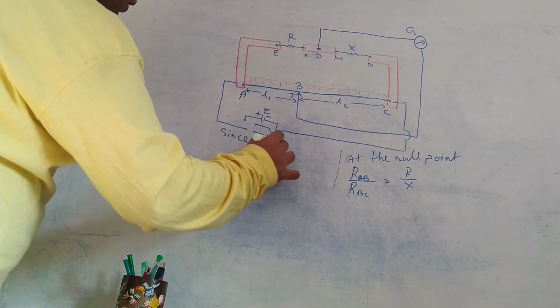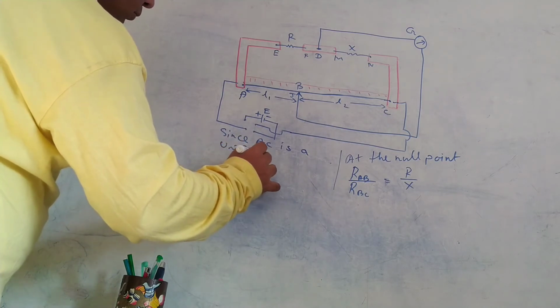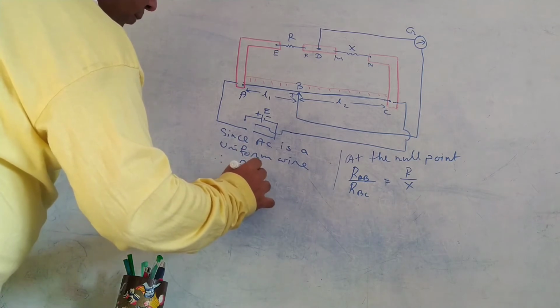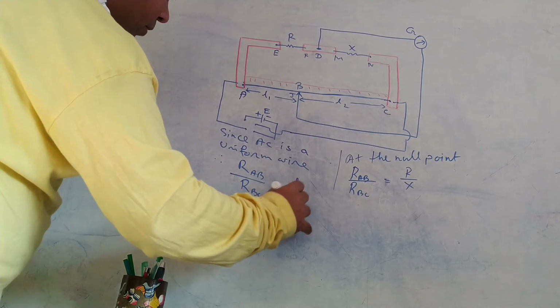Since AC is a uniform wire, therefore RAB by RBC is equal to L1 by L2.